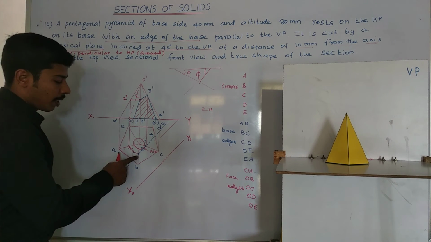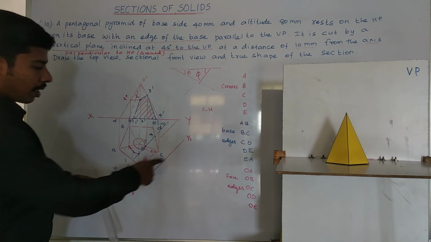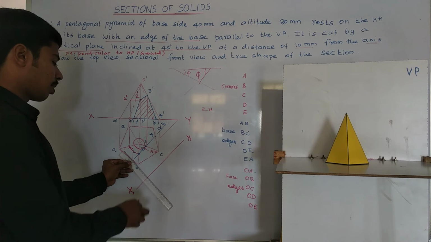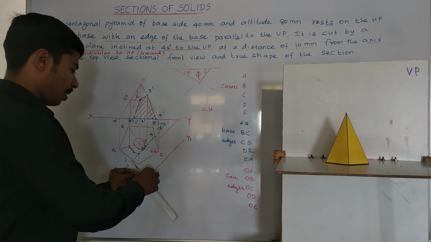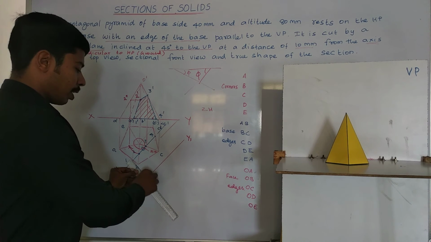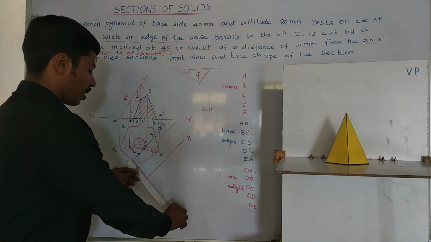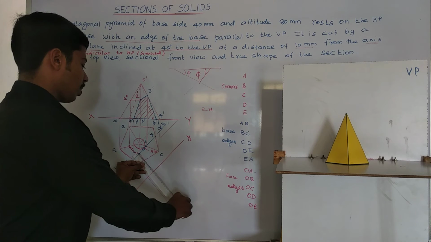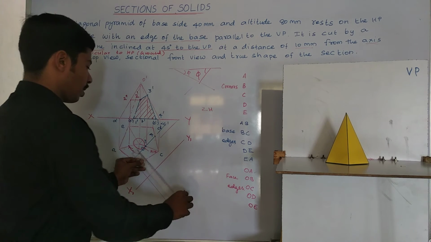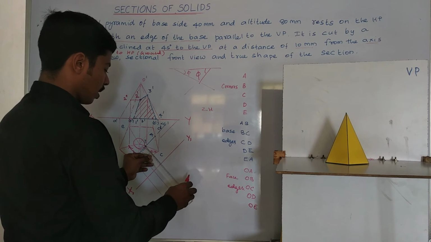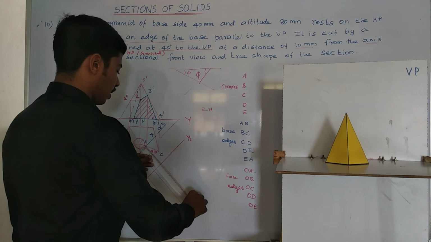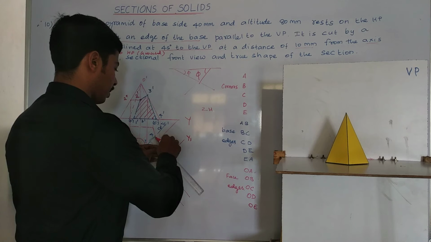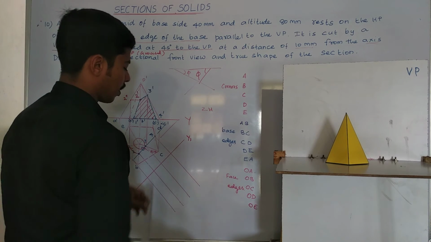Then project all the points onto this new reference line. I draw one line which is perpendicular to our new reference line. 1, 2, 3, 4.